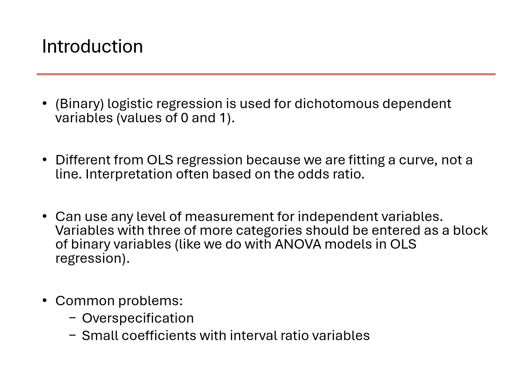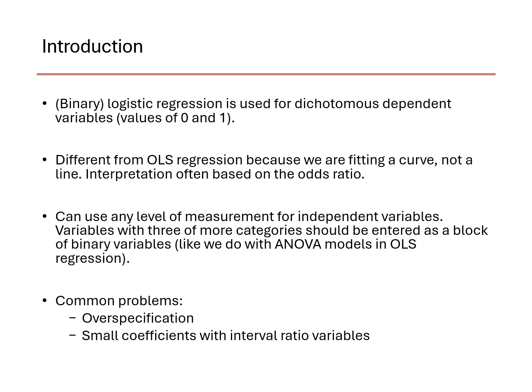We can have any level of measurement in our independent variables. This model usually works best with categorical variables. When we have categorical variables, we have to break them down into a variable block, just like we do with ANCOVA models and OLS regression.